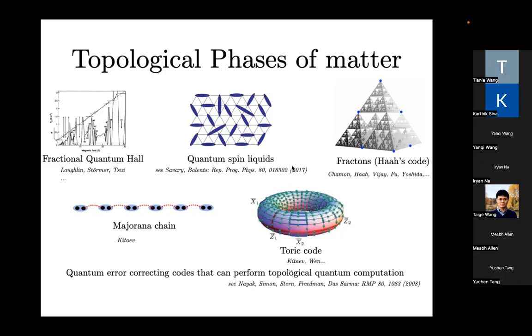Now, on the other hand, on the experimental front, we are still lagging behind a bit. We discovered the fractional quantum Hall effect maybe 30 years ago, and we're still looking for candidates in actual materials that will realize even, for example, the simplest Z2 quantum spin liquid.